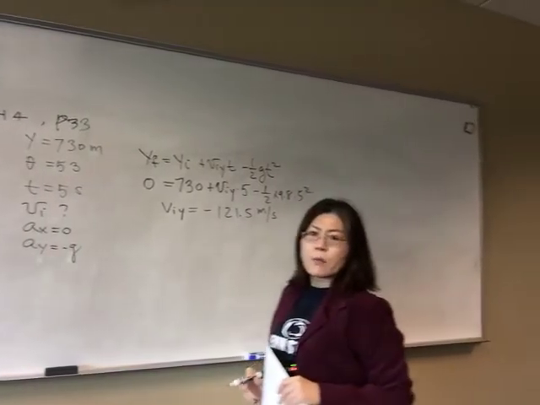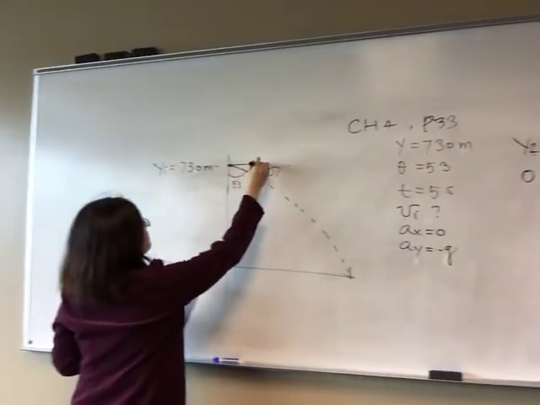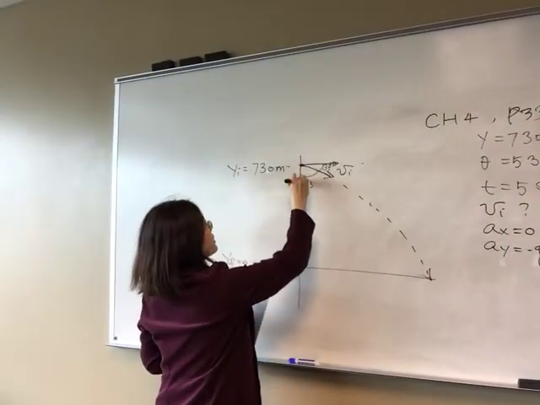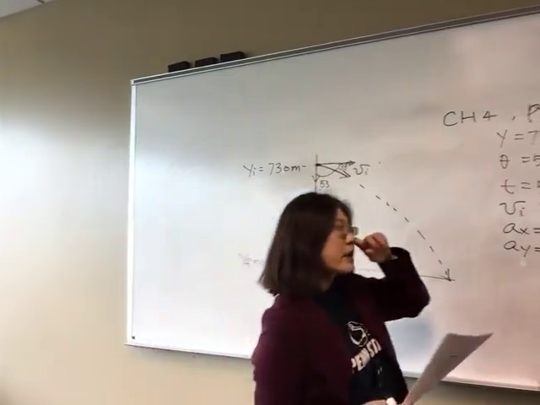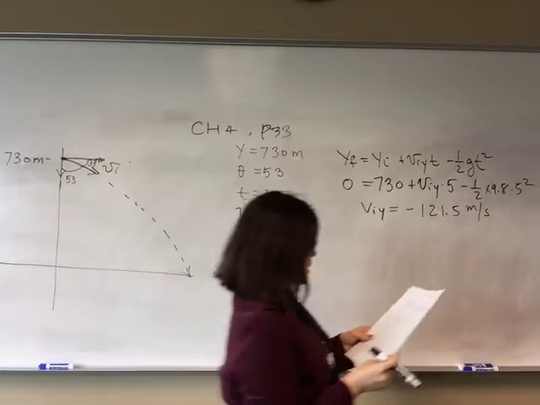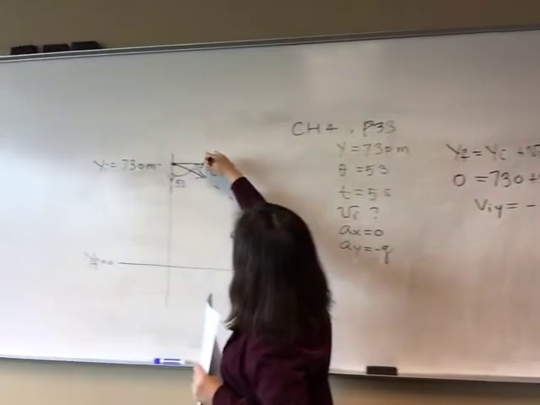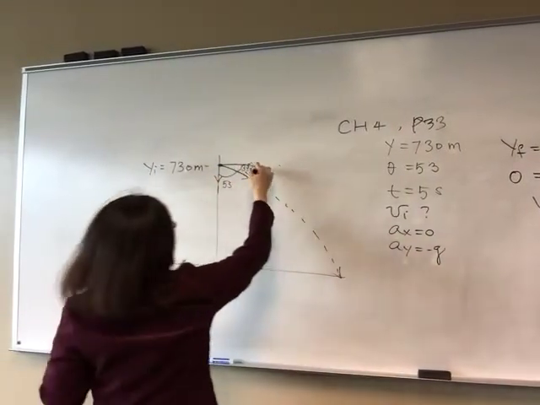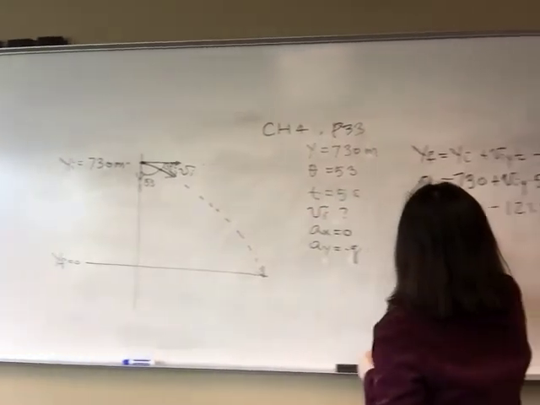It is negative, that makes sense, because this is the x component, which is positive, and this is the downward y component, which is negative. So you should get a negative value, negative 121.5 meters per second. Now let's look at the trigonometry. If you want to use this one, sine theta, you can see that sine 33.